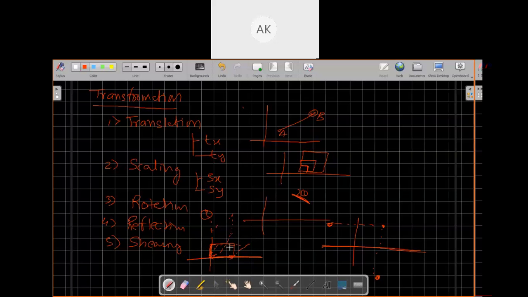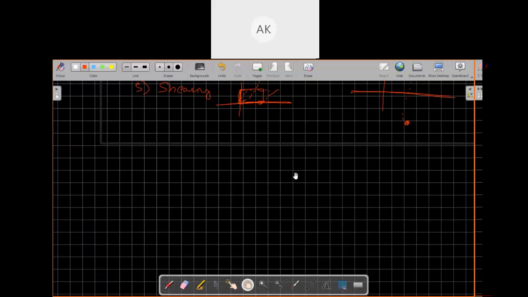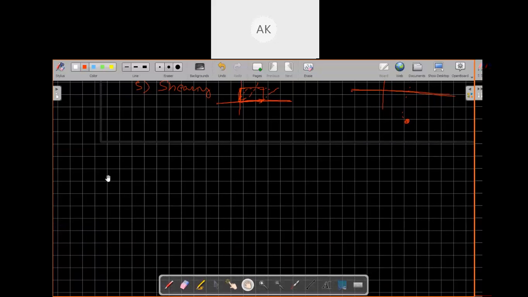In shearing along the x-axis, the x values of this object remain constant, or preserved, and we change the corresponding y values. If we shear along the y-axis, then we keep the y values fixed and change the x values. So this is called shearing.